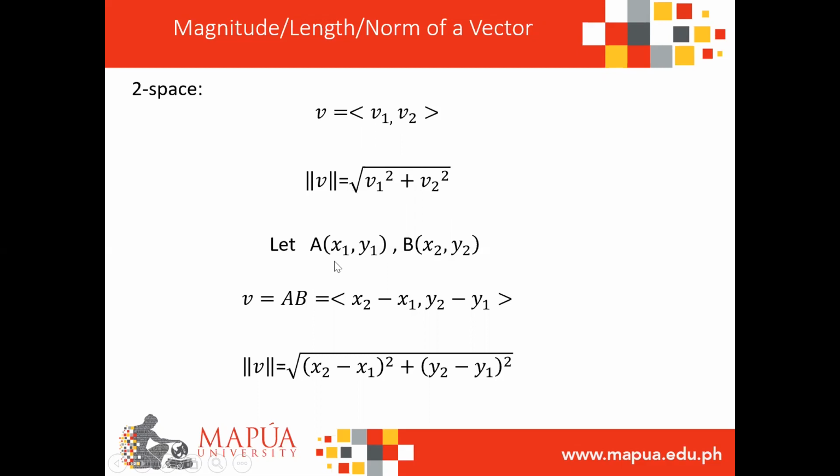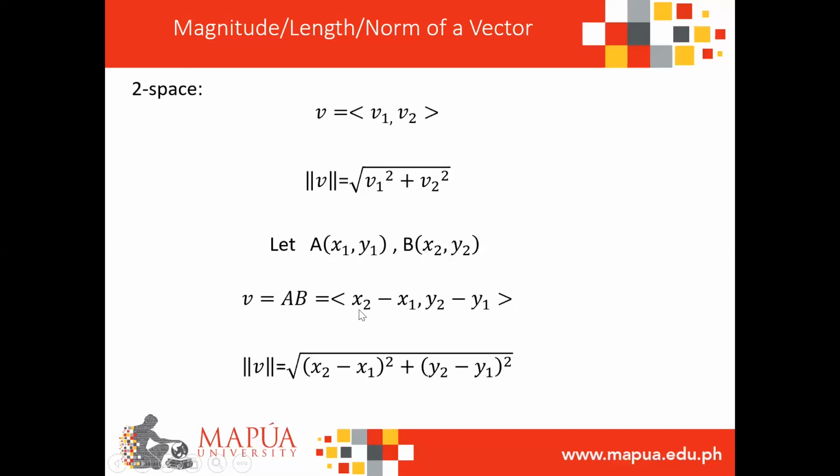While if we now have a vector represented by the line segment AB, where the initial point is at point A, whose coordinates are x1, y1, and point B, whose coordinates are x2, y2, the components of your vector v, which is also equal to line segment AB, are ⟨x2 minus x1, y2 minus y1⟩ in angle bracket notation.